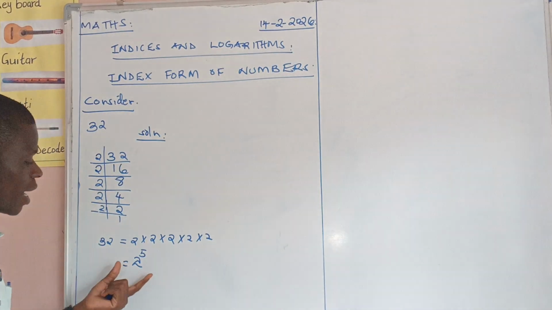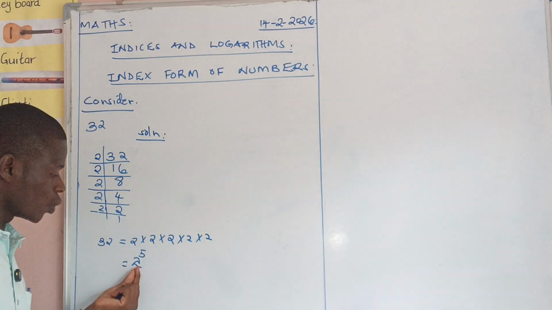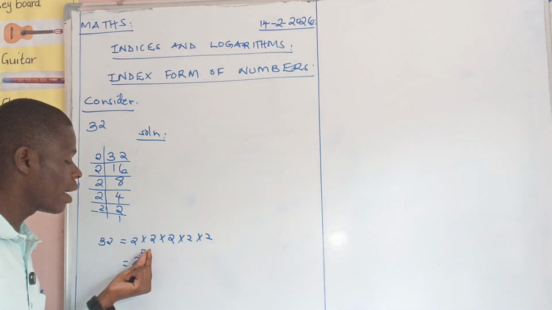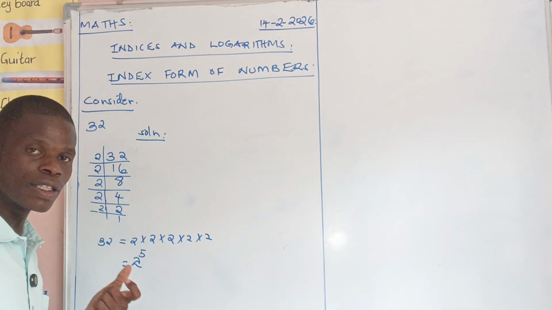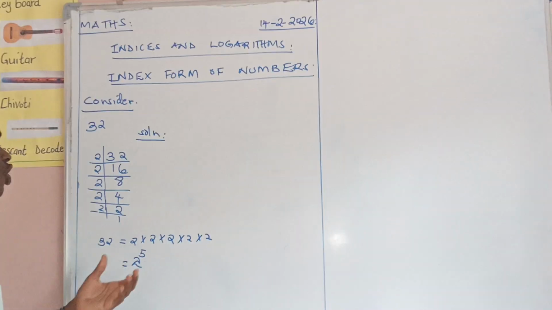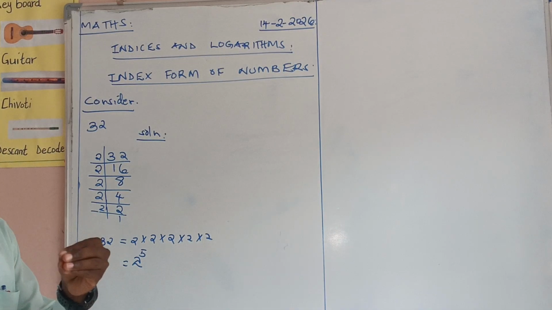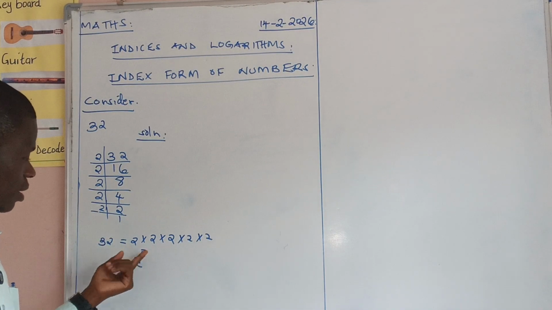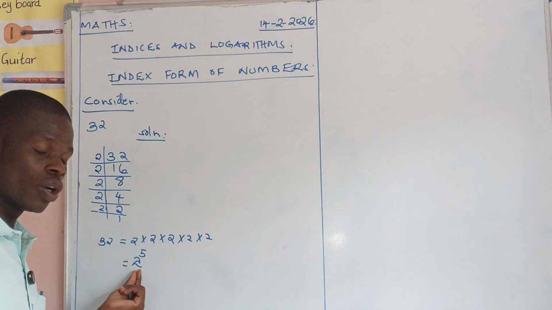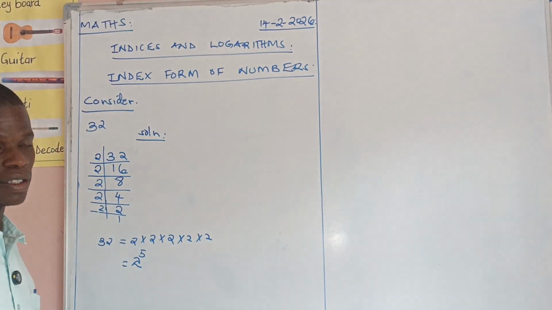So how do we read this? 2 raised to power 5. In short, we can say the power to which a number is raised is 5, and 2 is now the base.